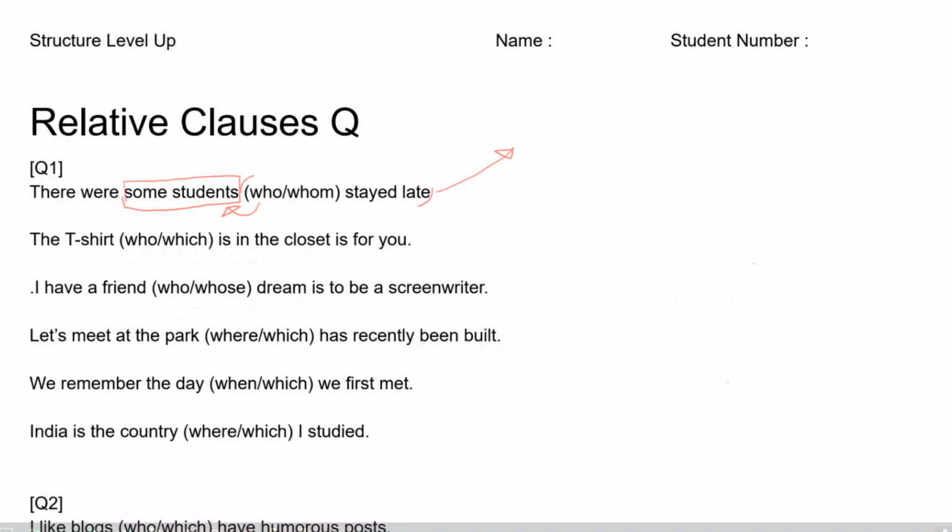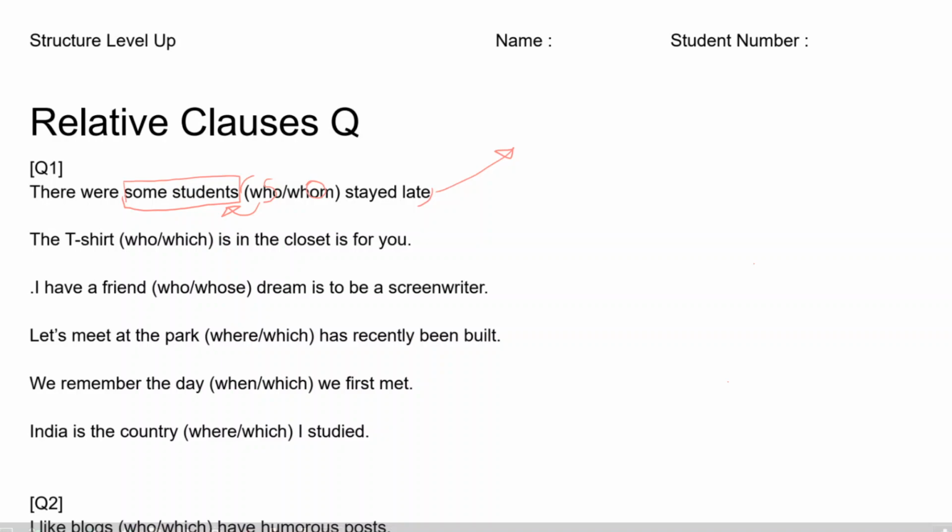But the question is to decide which one to use, right? Who or whom. So what's the difference here? Who is a subject? Whom is an object, right? So what I want you to do is to decide between these two based on the situation. So I want to actually draw a picture of these two.